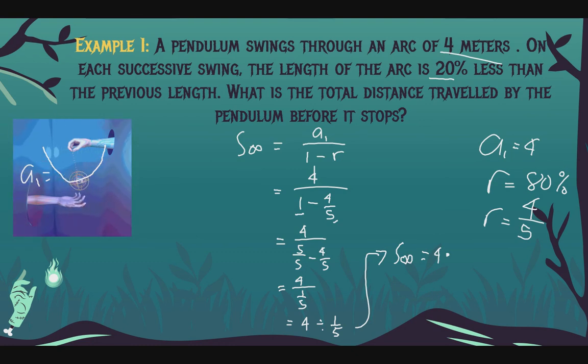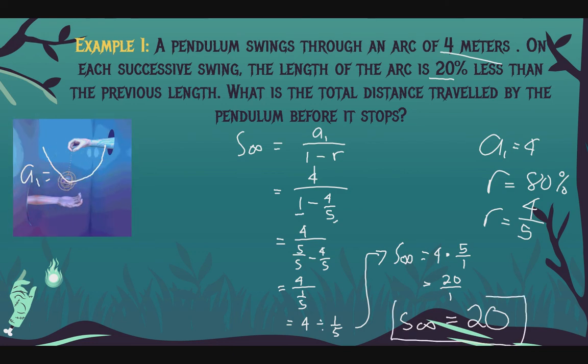So 4 times 5 is 20 over 1, or S sub infinity is equal to 20. So yan po ang sum, 20 meters. Yan po ang sum ng magiging lahat ng tatahakin na distance ng pendulum.